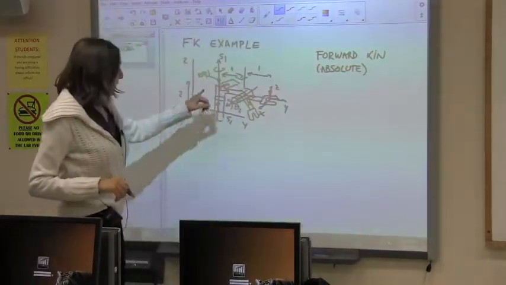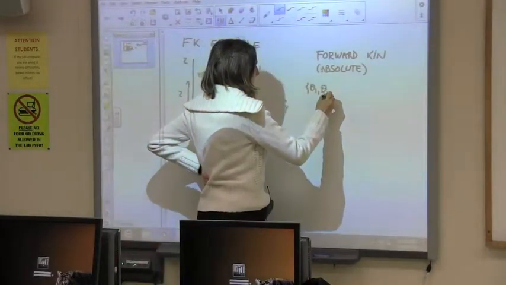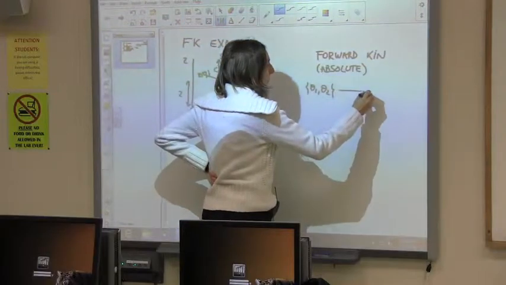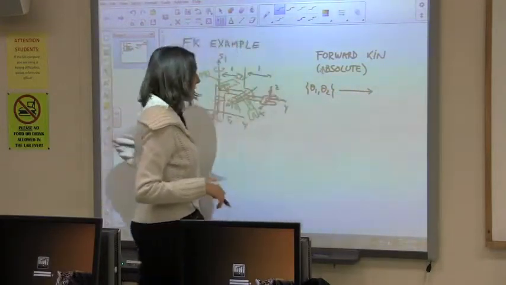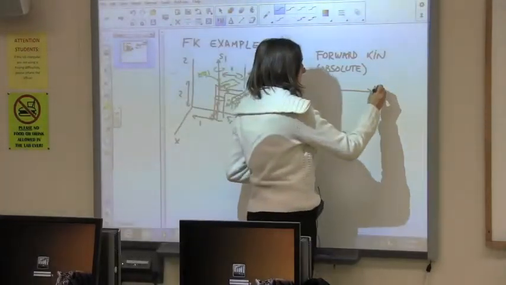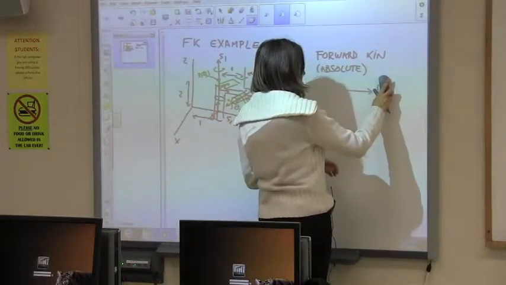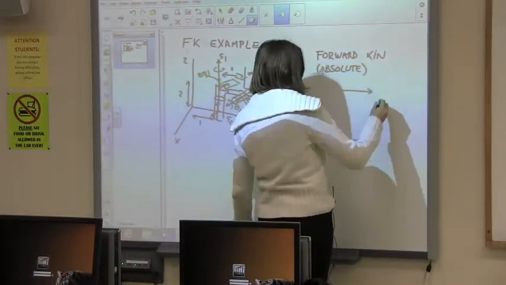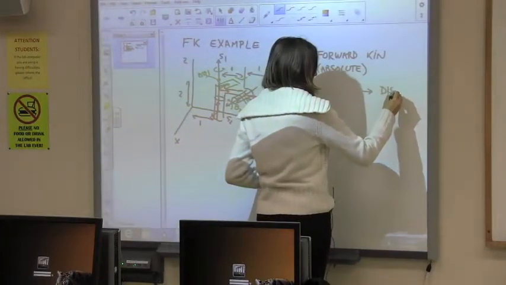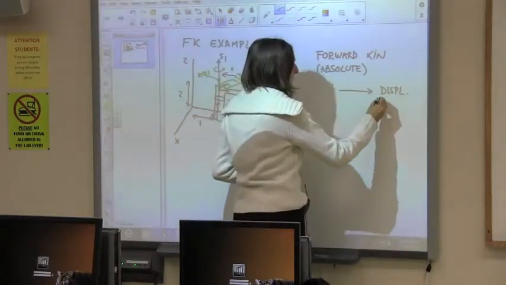Which means for any values of theta 1, theta 2, we have a mapping now that will give you the motion, the displacement. Gives you d. I mean, not a matrix. Let me say displacement. Displacement of the end effector.